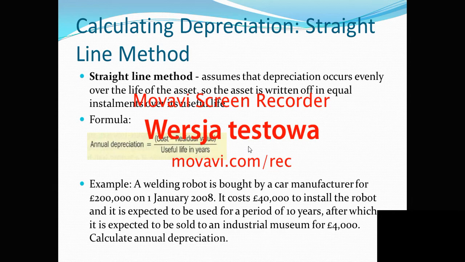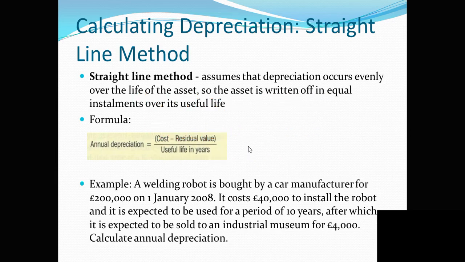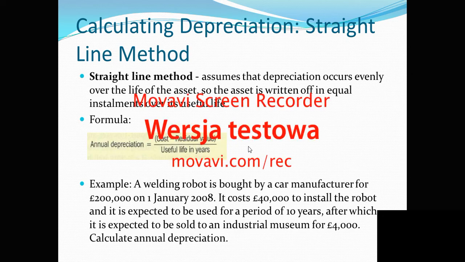Example: a welding robot is bought by a car manufacturer for 200,000 pounds on the 1st of January 2008. It costs $40,000 to install the robot, and it is expected to be used for a period of 10 years, after which it is expected to be sold to an industrial museum for $4,000.